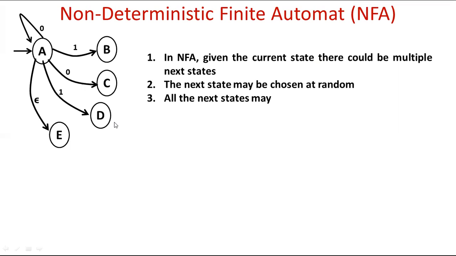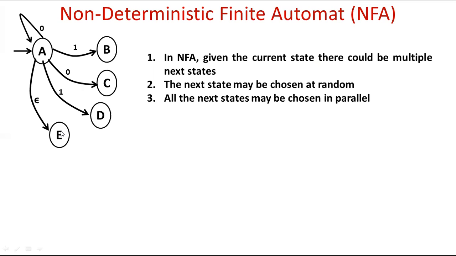So here, if you can see, we can see a state with epsilon. With an input epsilon, we are going to go from state A to state E. So what does this epsilon mean? Here epsilon means an empty string.